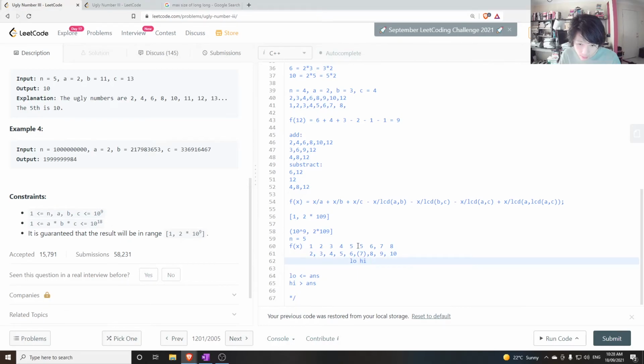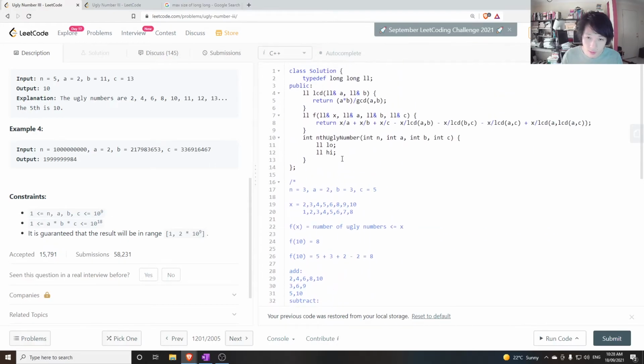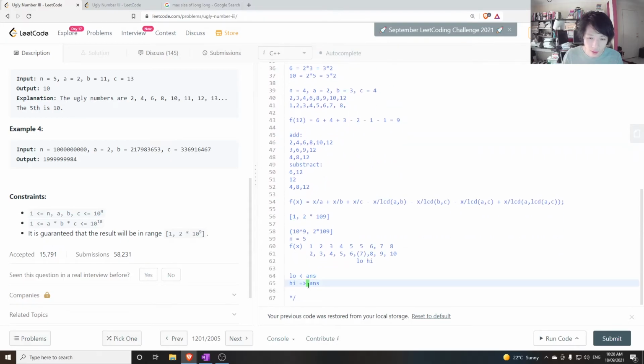Actually, high is also equal to the answer. So this doesn't work with these invariants. If you change it so that low is less than the answer and high is greater than or equal to the answer, then this would work, and the other way doesn't work. So it's all about the invariants when you start off the binary search. This is the invariant we want.